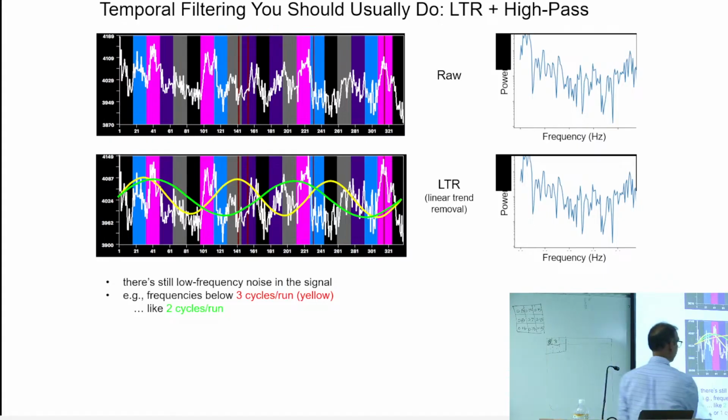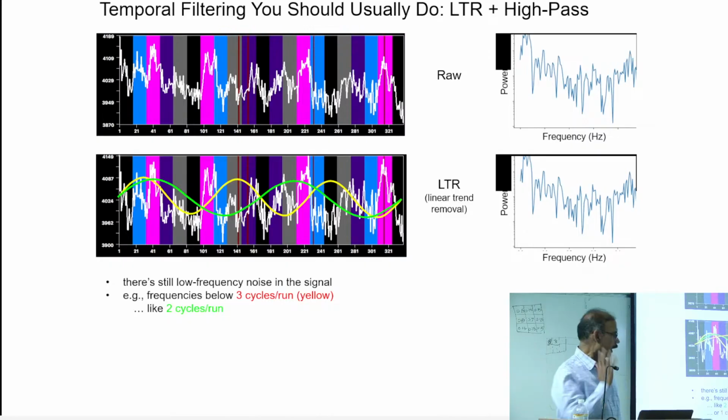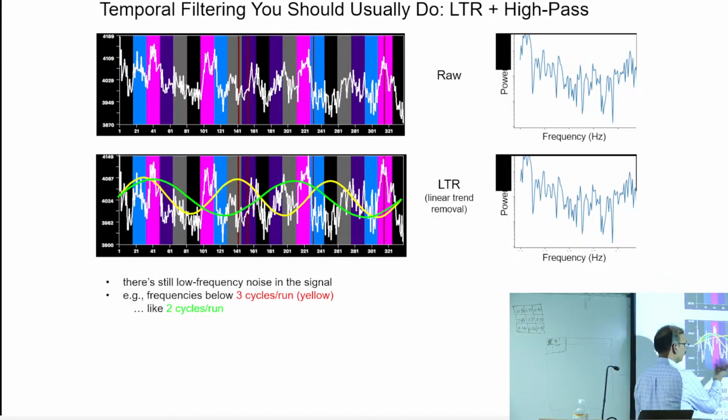Or there is this brown which is 1 cycle. So you can again use this filtering to identify specific frequencies and then analyze them accordingly. And you can see which are the dominant ones, which are noisy.